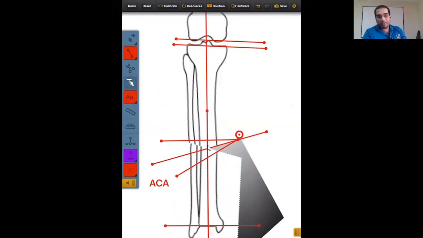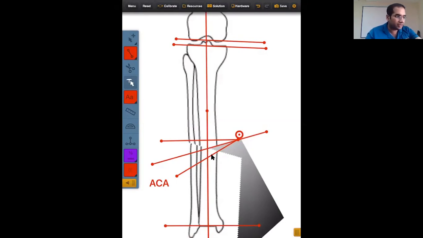But we don't place our hinge on the middle of the bone, because in order to do this, we would have to do a very complicated osteotomy, opening one half and closing the other half, as you can see over here. So we move our hinge along the angulation correction axis.